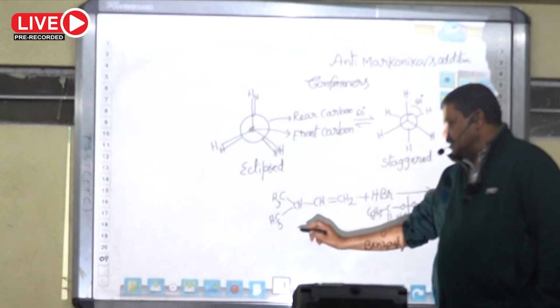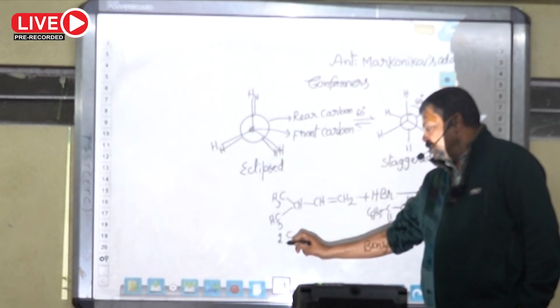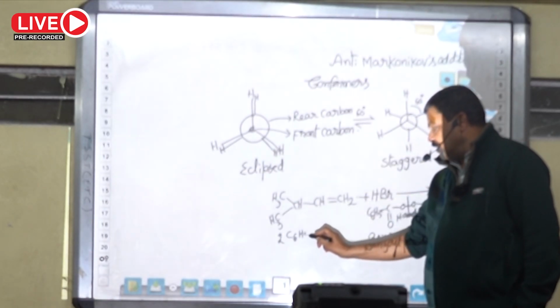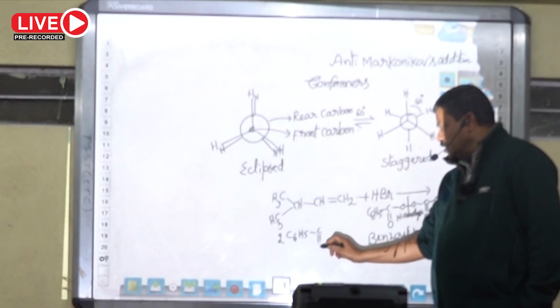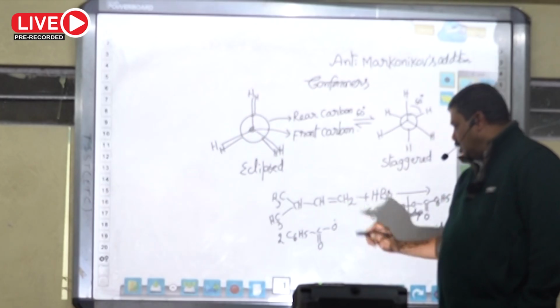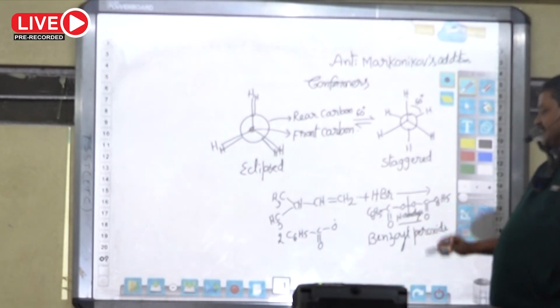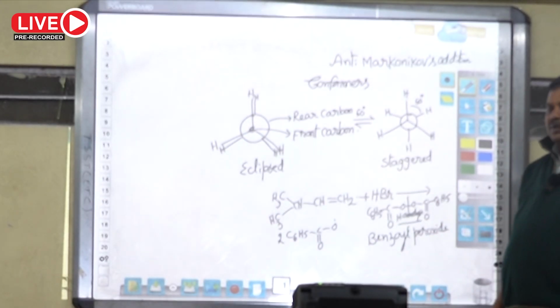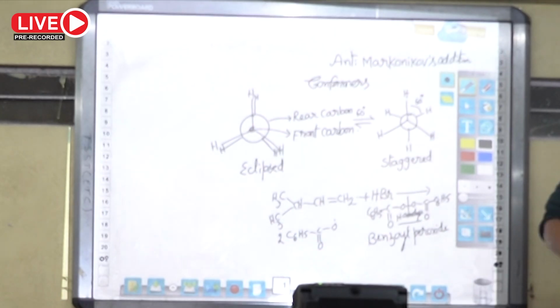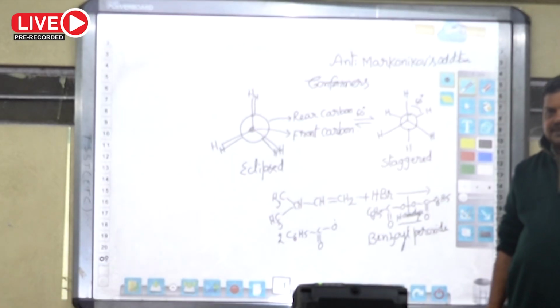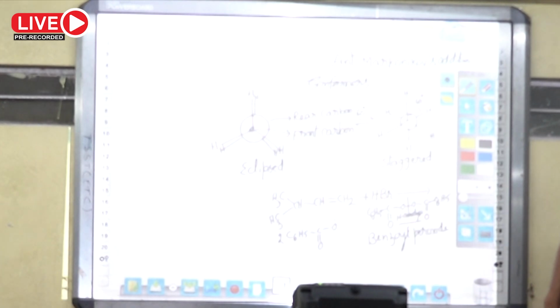Two free radicals you will get. 2 C6H5 COO dot. So whenever the covalent bond breaks into two equal parts, it is called homolysis. Homolysis always results in the formation of free radicals.